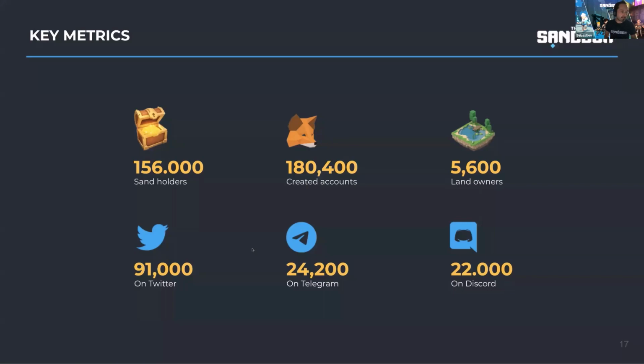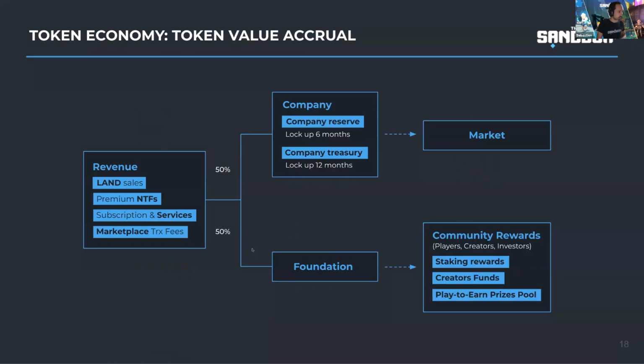We have 5,600 unique landowners, which is, as of today, the largest number of landowners in a decentralized virtual world, which means that there is not a strong concentration of the land in the hands of very few people. There's a large distribution of lands in many people's hands that will create very diverse experiences in our world. And we have a great presence, as I mentioned, our community is large across different social networks.